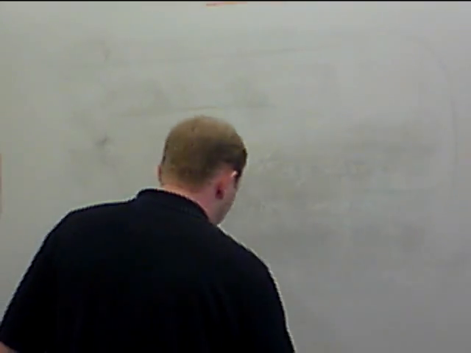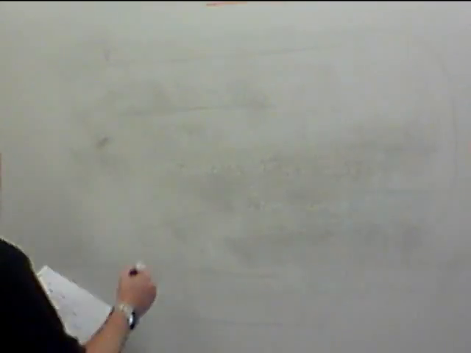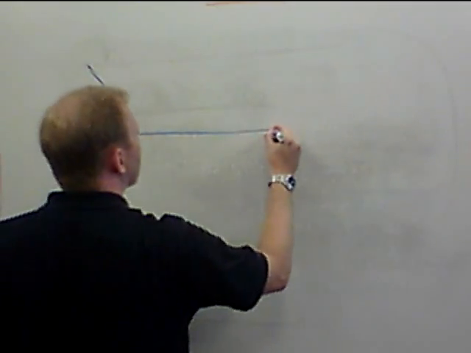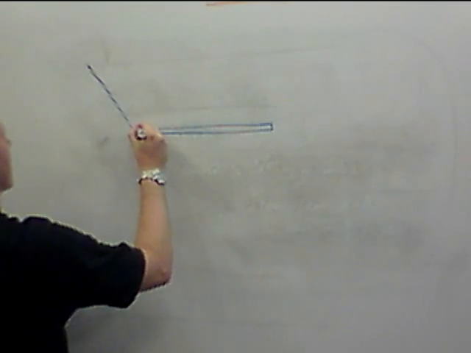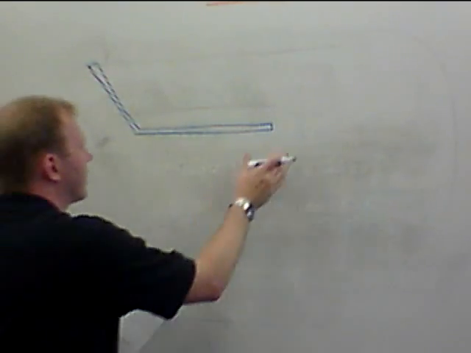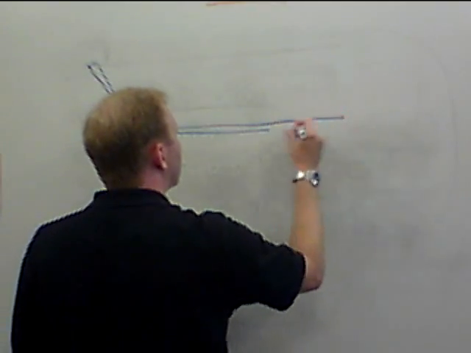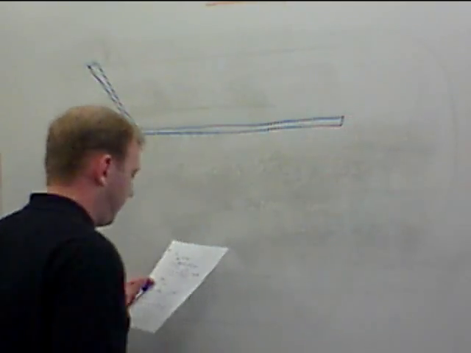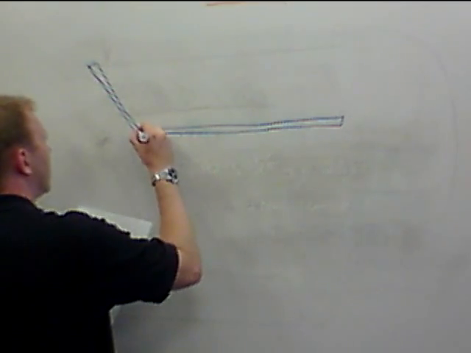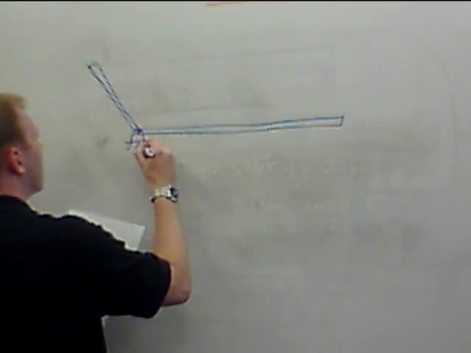The first one I want to take a look at here. We have a beam kind of shaped like an angle here. I'm going to draw this longer. We're going to put a pin joint right here.